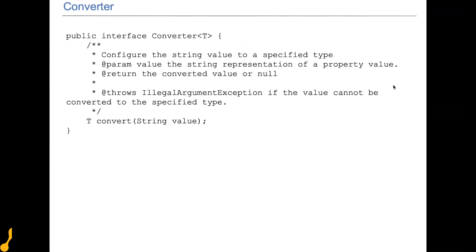It only has one method called convert, which converts a string to a value. As you know, all the properties, when represented on disk anywhere, are strings. So this converter directly converts a string to a type.